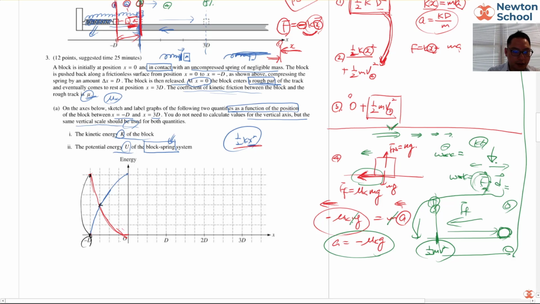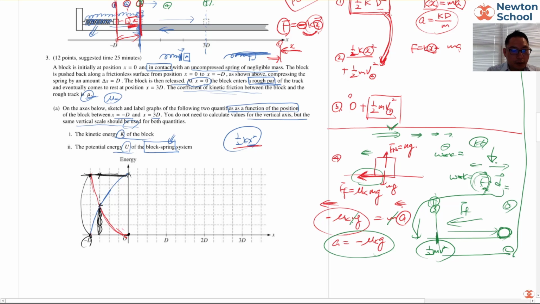Total energy here is this plus that, because they are the same. So there are 3 here, another 3 there, which will give you 6, right? Right here you have 0 plus 6, which is this. So the total energy, if I draw it as black, will be constant.